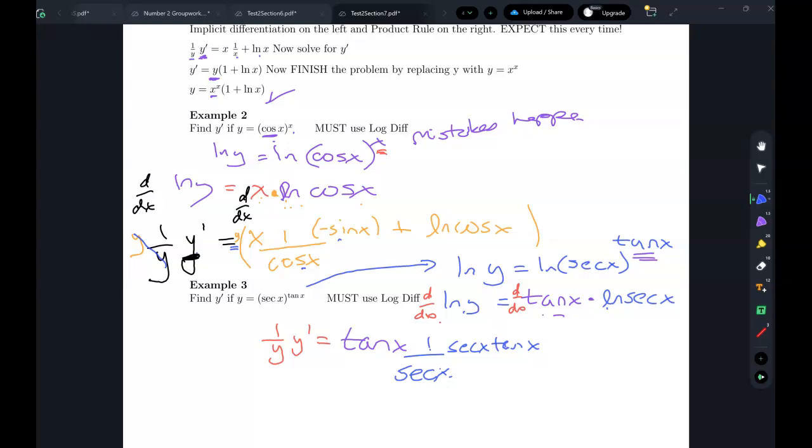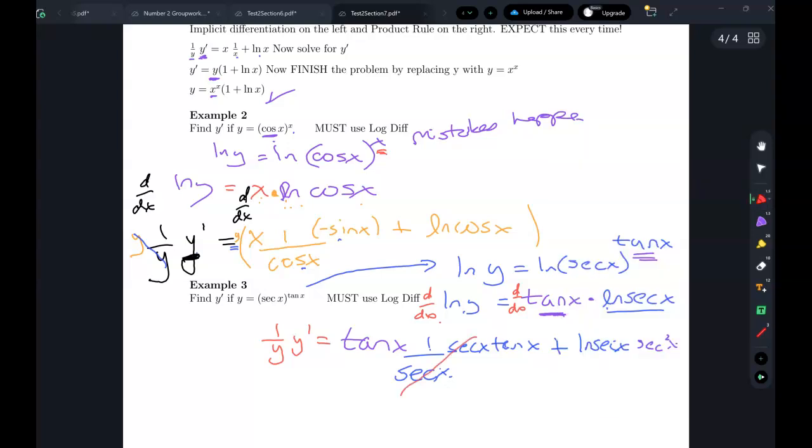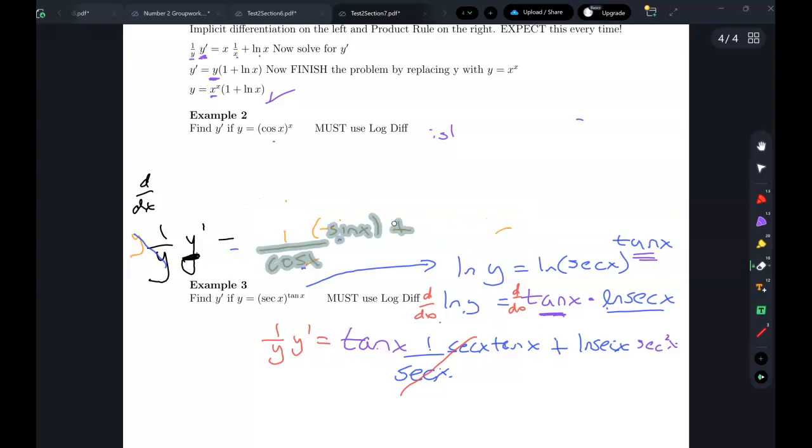And then plus ln of secant, carry that along, and then take the derivative of tangent, which is secant squared. So I see some canceling. So those cancel. I could join these two tangents together.